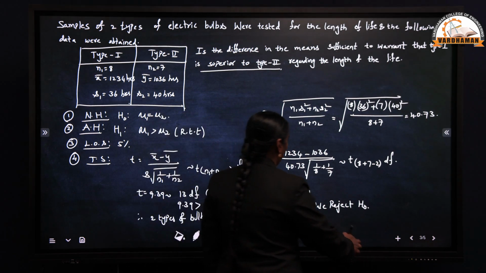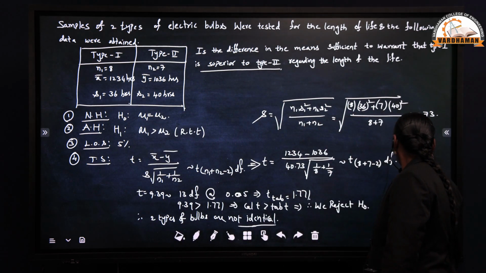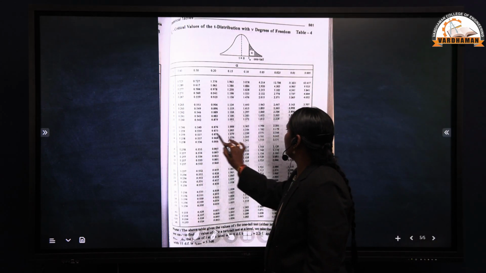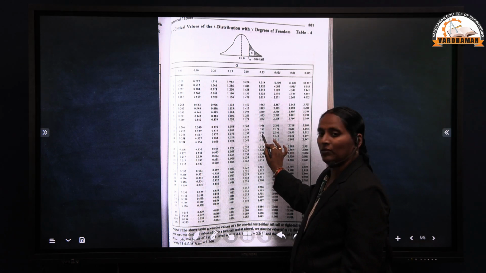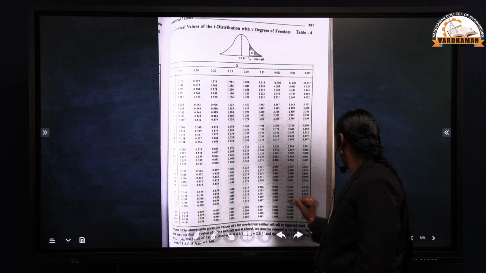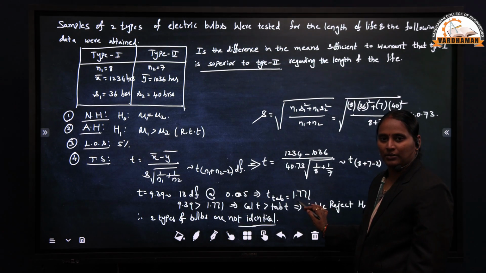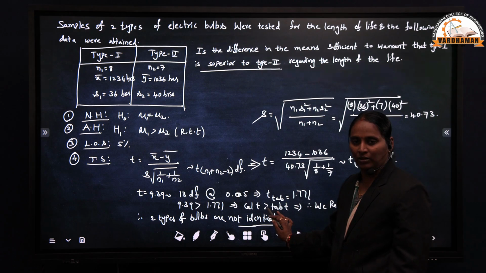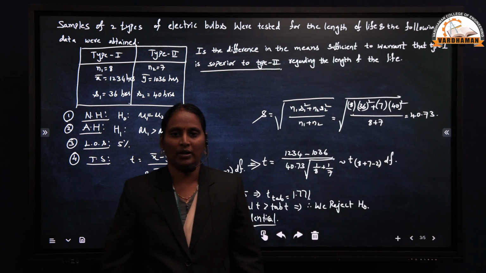For the right tail test, on the left hand side with 13 DF and 0.05, the value is 1.771. So 1.77 is our table value. We conclude that the calculated T is greater than the tabulated value, so we reject H0 and the two types of bulbs are not identical.